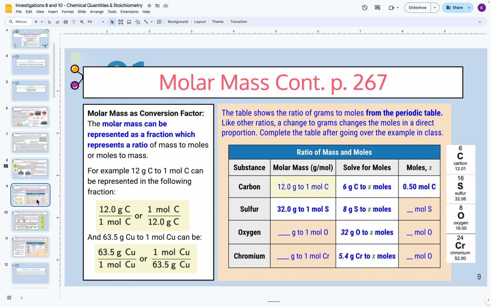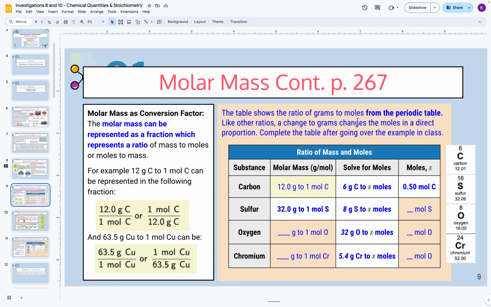Today's learning is to work with that in this way. We saw before that 12 grams of carbon is 1 mole, or 63 grams of copper is 1 mole. We could reword that and say 1 mole is equal to 12 grams of carbon, or 1 mole is equal to 63.5 grams of copper.